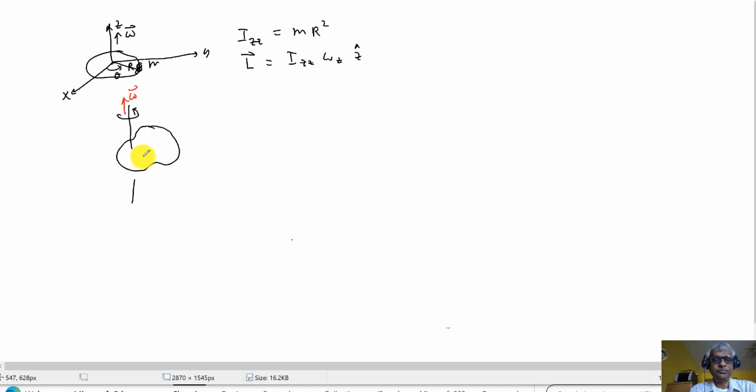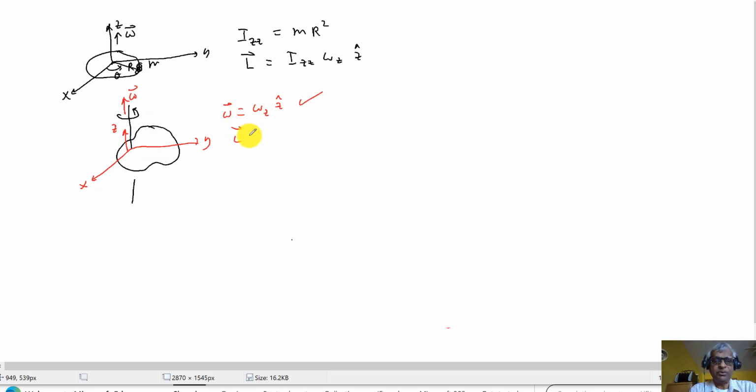Then if I pick an arbitrary axis, say this is the Z axis direction, and there's some X direction and some Y direction, I will find that omega is omega z hat, right?